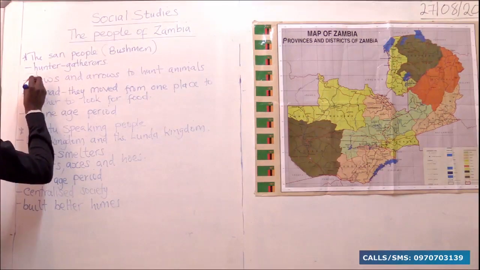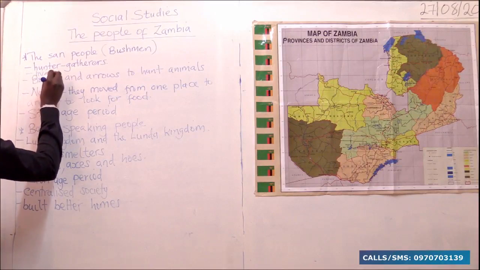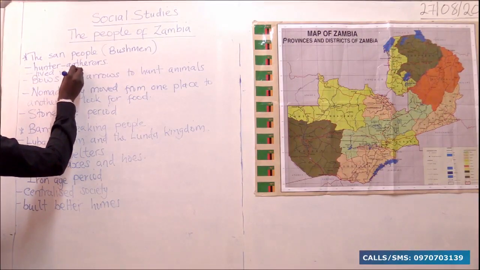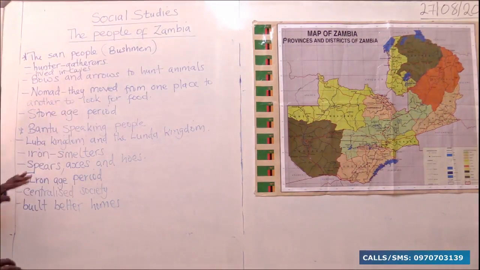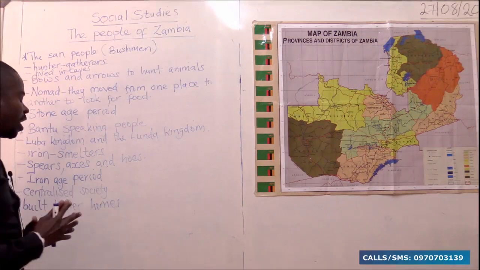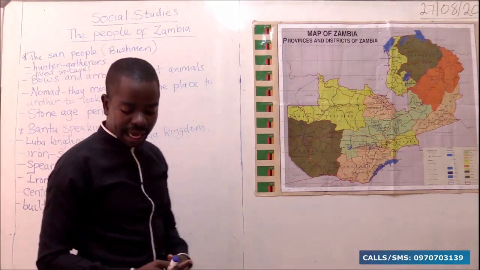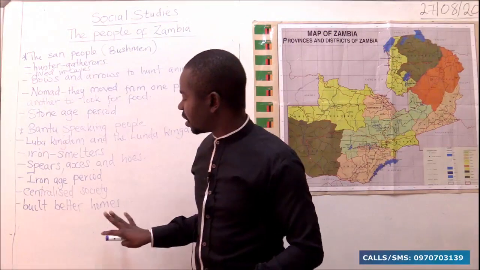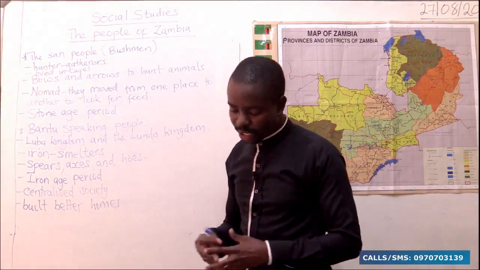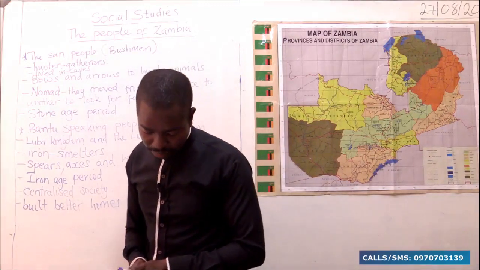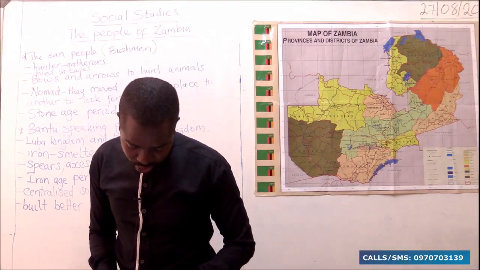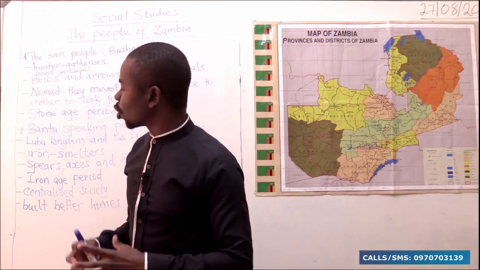So for the San people, they lived in caves, while the Bantu-speaking people lived in better homes and had a centralized society.